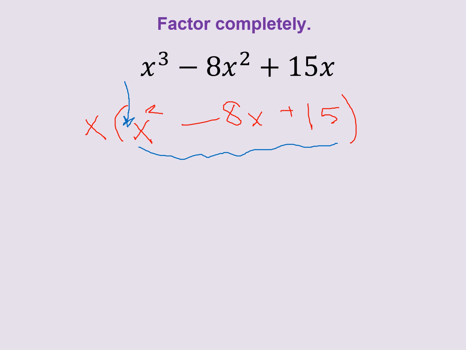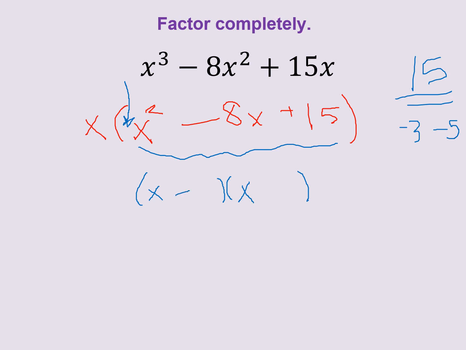So I know this inside part is going to be some binomials multiplied, x times x, and then I ask, what multiplies to 15 and adds up to negative 8? Well, negative 3 times negative 5 multiplies to positive 15 and adds up to negative 8.